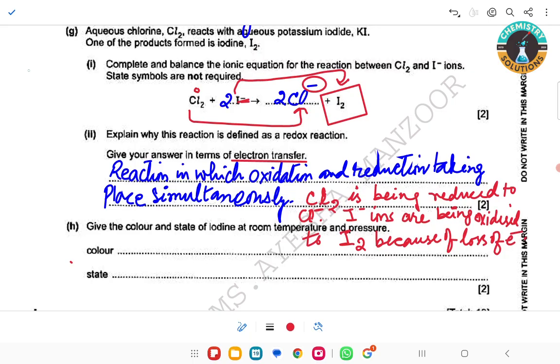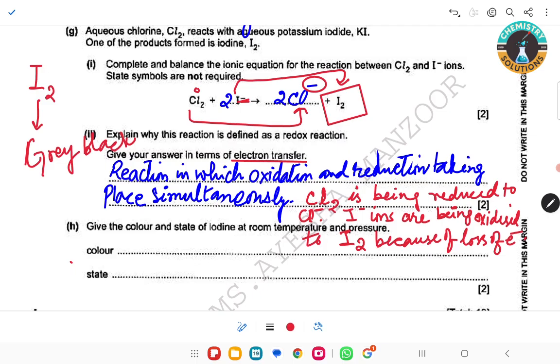Give the color and state of iodine at room temperature. If I am going to talk about the state of iodine at room temperature and pressure, it is basically gray black, dark gray, you can use the word black, or dark gray.